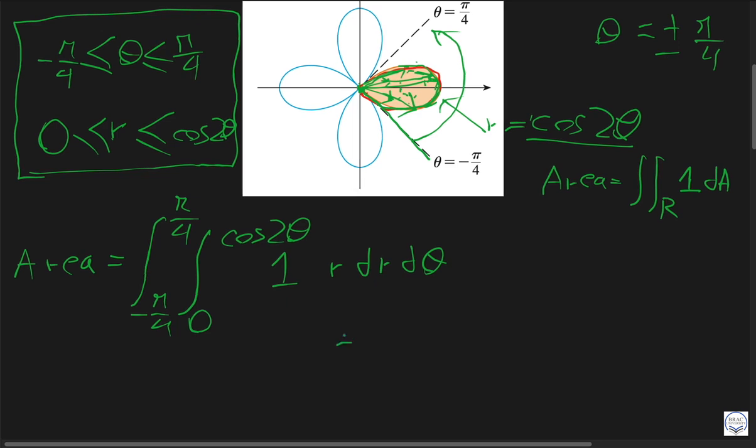So let's do this. It's actually very simple. Minus pi over 4 to plus pi over 4, and if I do this integration, I'll get 1 times r is just r, so you get r squared by 2. We now have to put in our limits.